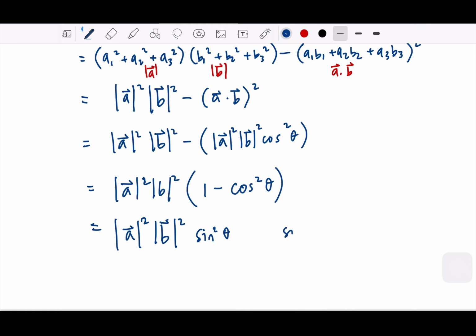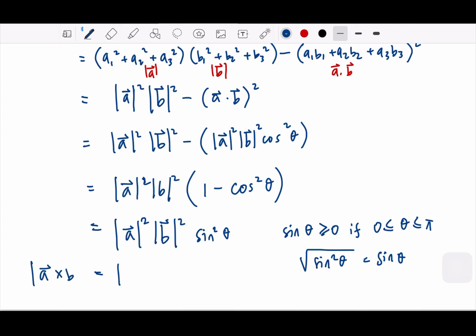and sine theta will be positive if theta is from 0 to pi, right? On the first and second quadrants, which means that we can make sure that our square root of sine squared is only positive. So it results in the magnitude of the cross product being equal to this, since we squared all of them, and we have this definition.